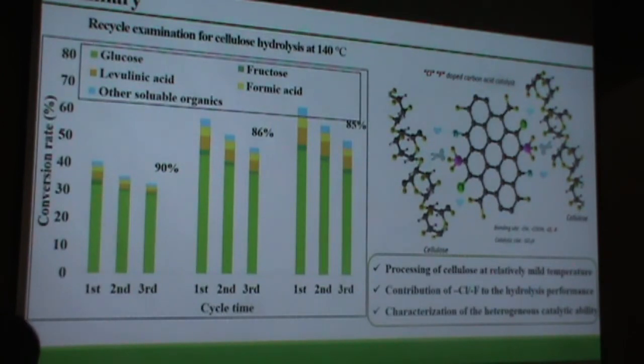In summary, this work has developed a novel carbon acid catalyst for the cellulose hydrolysis, and we have tried the halogen groups as the active site in the carbon catalyst for the cellulose hydrolysis. Actually, compared to the typical concentrated sulfonation process, this process still cannot achieve complete conversion of the cellulose.